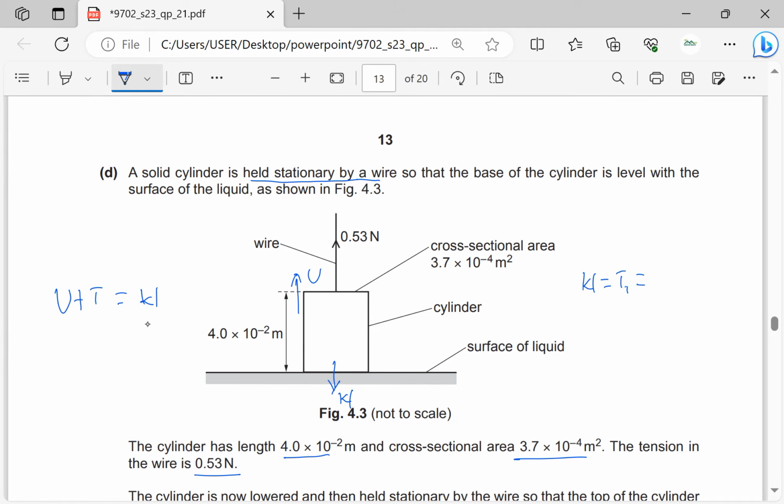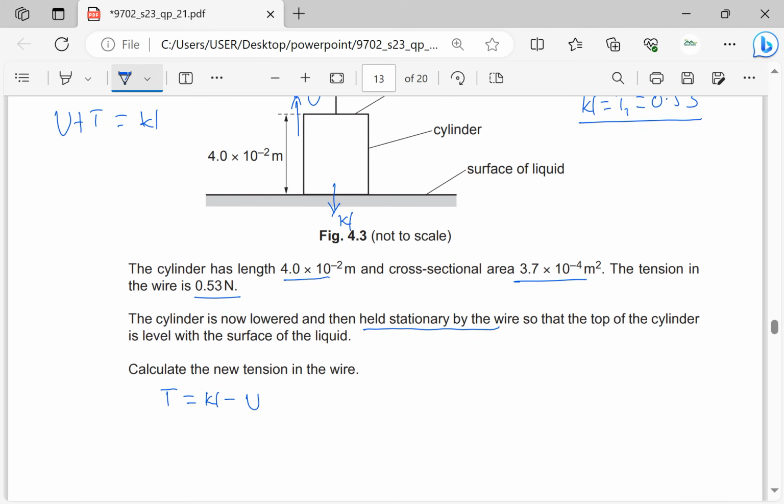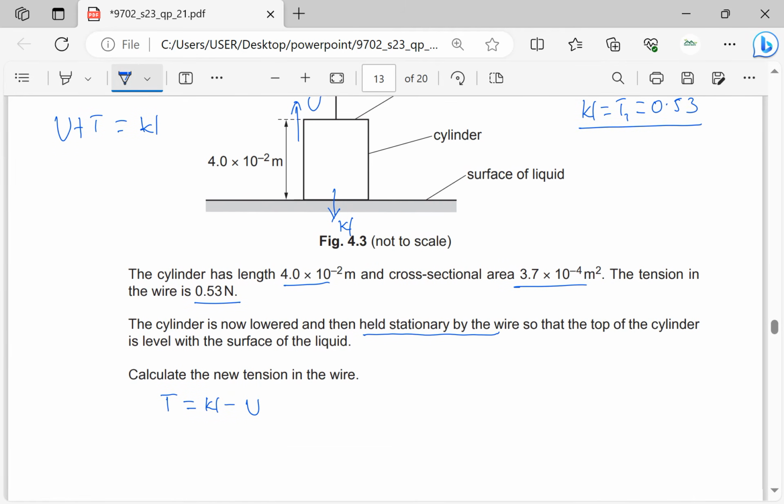The first tension I'll call T1, which is equal to 0.53, because it was initially held stationary and the base was not inside the water. So initially the weight was 0.53. Then when it is lowered, the upthrust plus the tension T2 should be equal to the weight. So T2 is going to be the weight minus the upthrust.